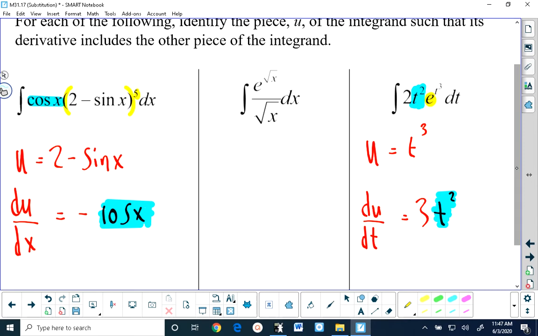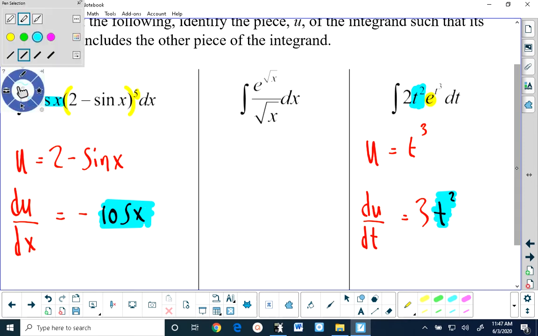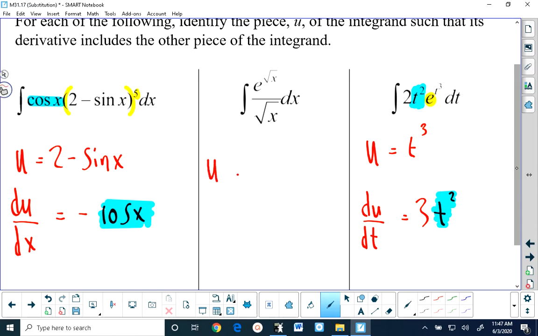Now, what am I going to choose for u, which is the piece I'm going to differentiate that will contain what I didn't choose for u? I'm going to choose x to the half. And it's going to be this x to the half.